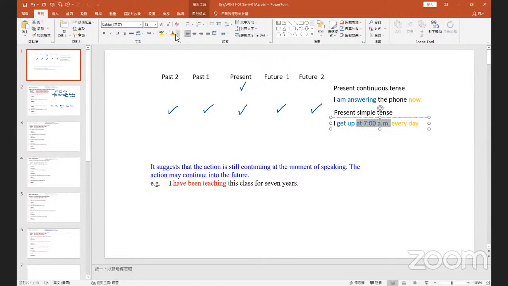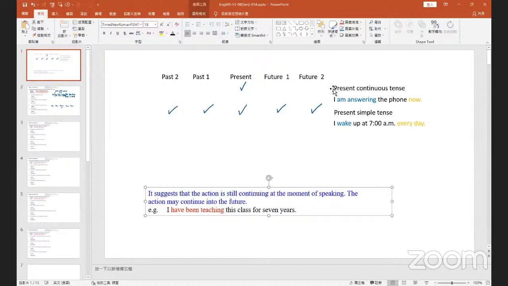So the words in blue color are the verb. Sorry, get up. I wake up or get up. One word only for the verb. This is present simple tense.